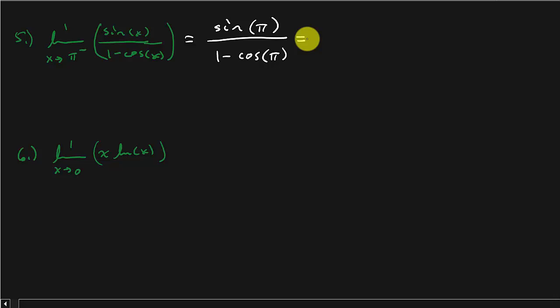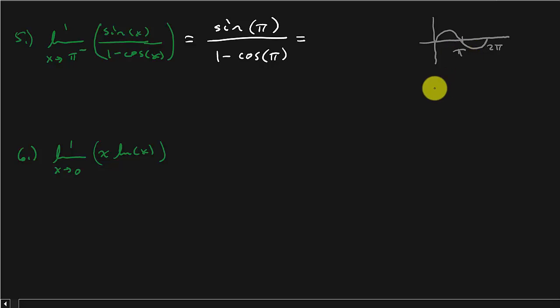Okay? So what's the sine of pi? And what's the cosine of pi? Well, let's pretend like you forgot. So if you forgot, I'm going to do this in a different color. Remember, here's sine. That's 2 pi.